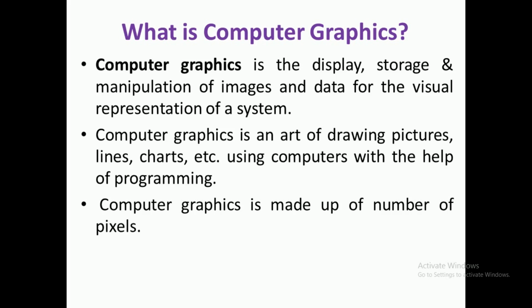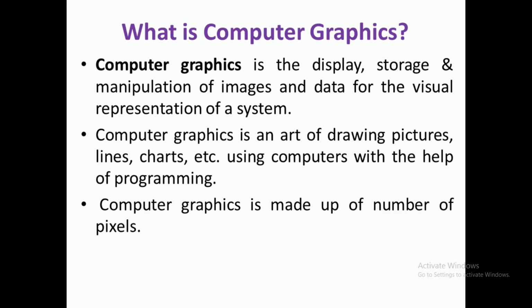Then computer graphics is made up of a number of pixels. Because when it comes to digital, image will be represented in pixels. Every digital monitor you are viewing now, TV, mobile, laptop, desktop, whenever you want to see any image on the monitor, the monitors are built up with pixels.